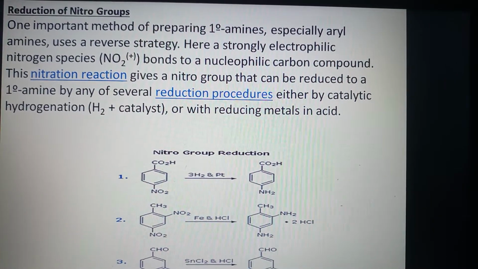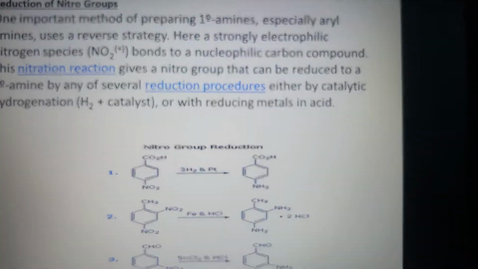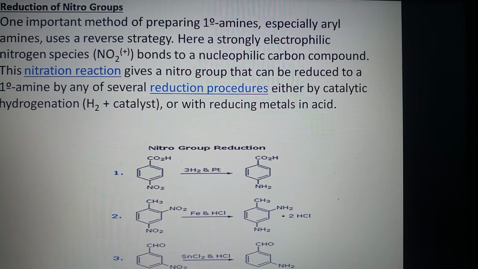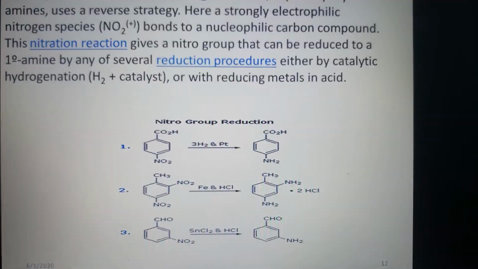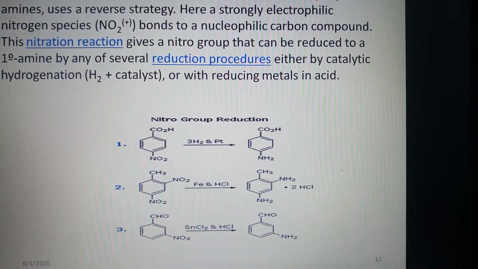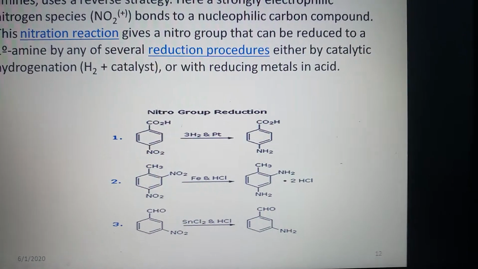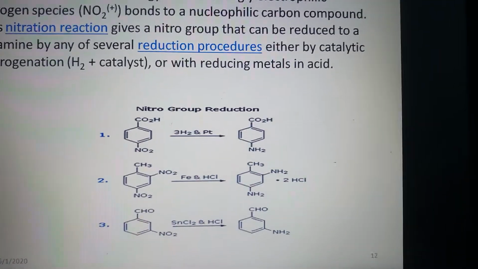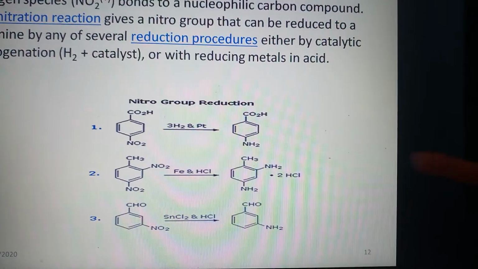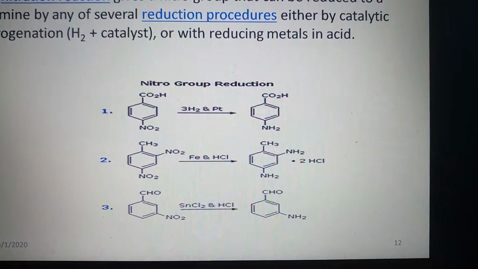This nitration reaction gives a nitro compound that can be reduced to a 1-degree amine by any of several reduction procedures, either by catalytic hydrogenation, hydrogen plus a catalyst like platinum, palladium, etc., or with reducing metals in acid, like iron in HCl or SnCl2 in HCl. Here are some examples you can see.